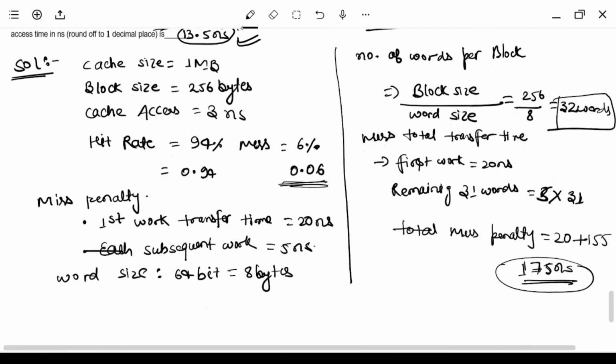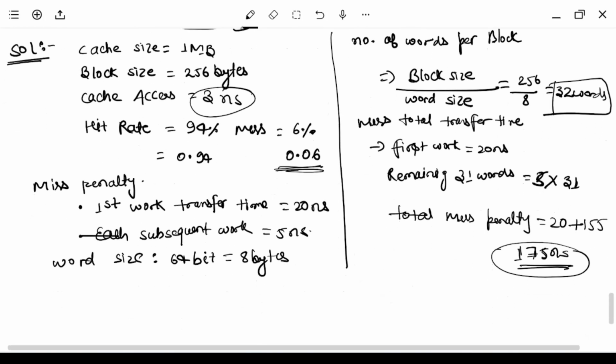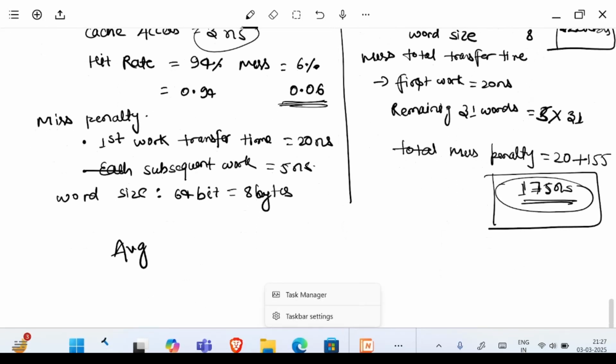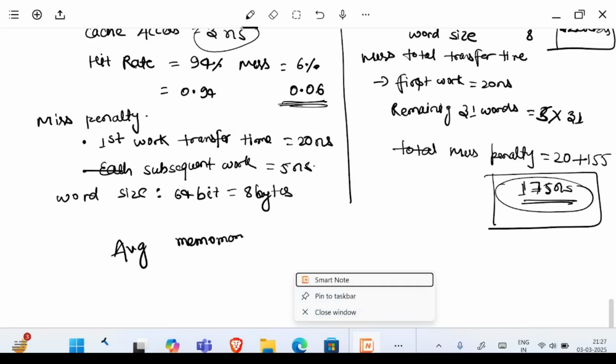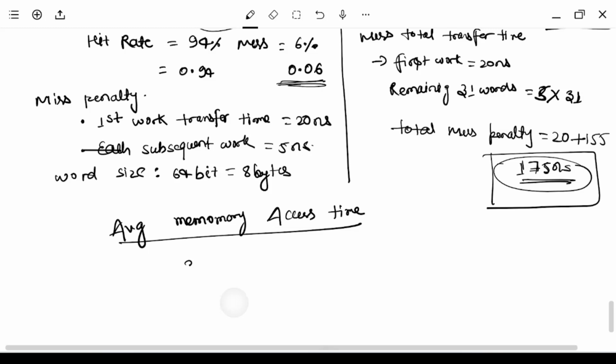So we got 3 nanosecond, that is the cache access time, and in case of a miss, we are getting this amount of penalty. So our average memory access time will become 3, the cache access time, since 94% of the time we are finding the hit cases.